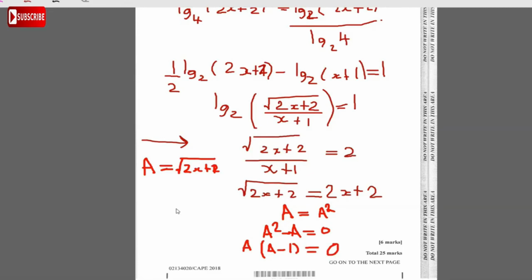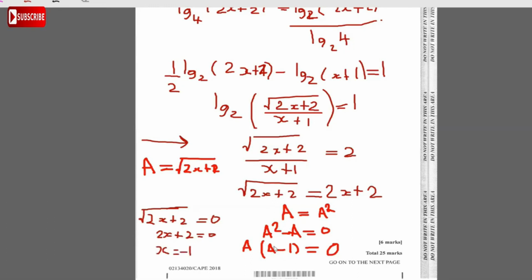So that implies that either the square root of 2x plus 2 is equal to 0, and then you square both sides and get 2x plus 2 is equal to 0, and so x is equal to negative 1.